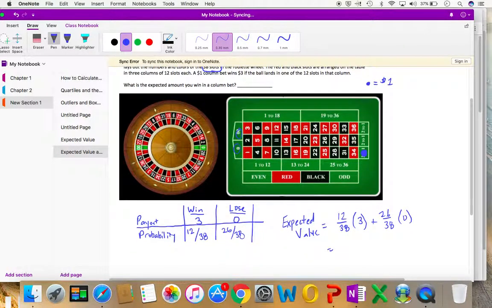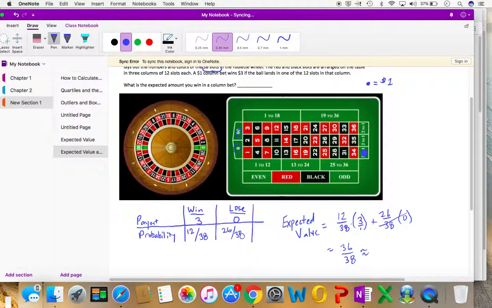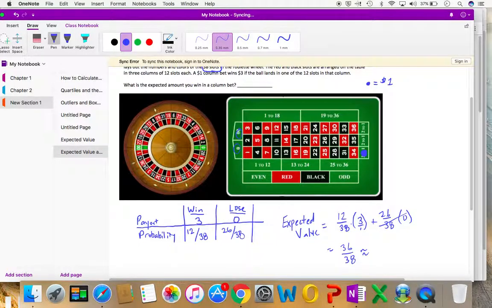This is just going to be 0. And then 12 out of 38. Now, I could get a decimal, but I'm going to treat this as multiplying by fractions. So 12 times 3 would give me 36, all over 38. And if I get this decimal amount, we're going to do 36 divided by 38, and I get roughly 95 cents.